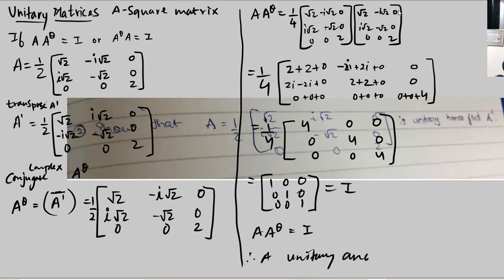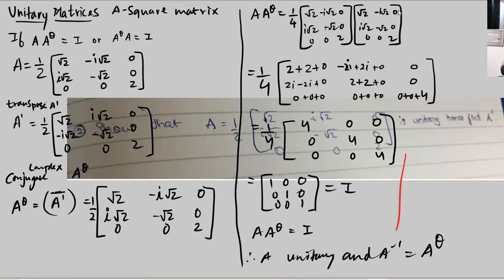And A inverse is nothing but the complex conjugate transpose, that is A theta. Now we are going to write A theta.